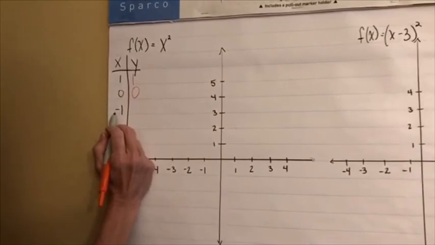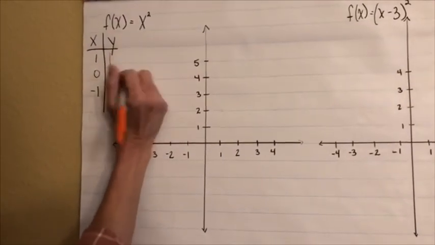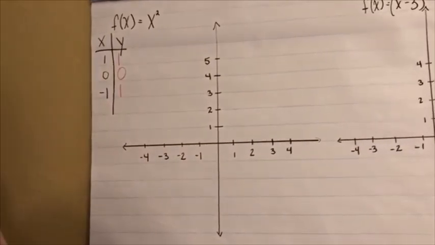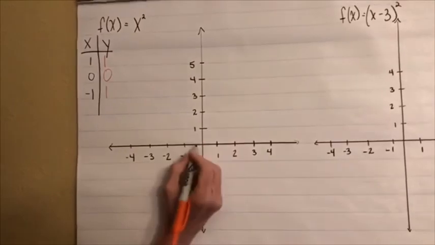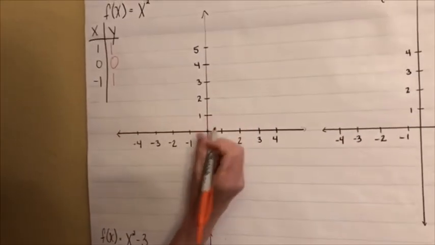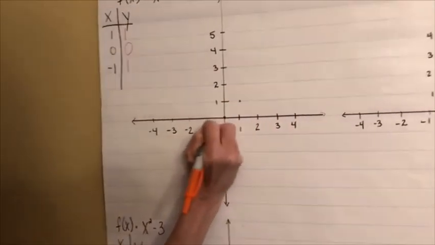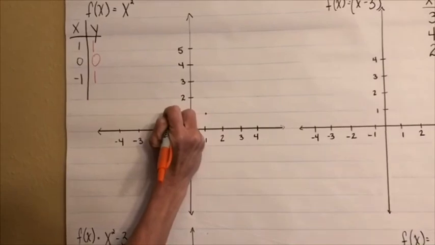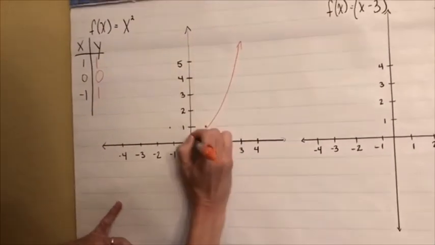When x is negative 1, we get 1, because negative 1 times negative 1 is positive 1. When we graph this, I'm going to start with 0, 0. When x is 1, y is 1. When x is negative 1, y is 1, and we can see that this forms a parabola.